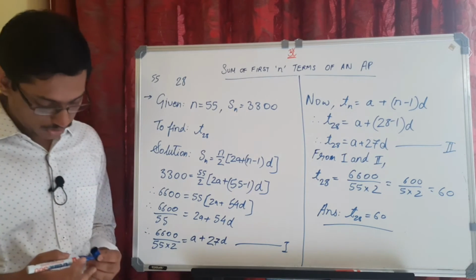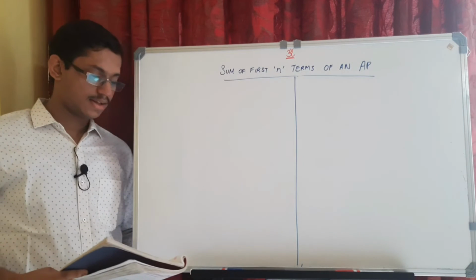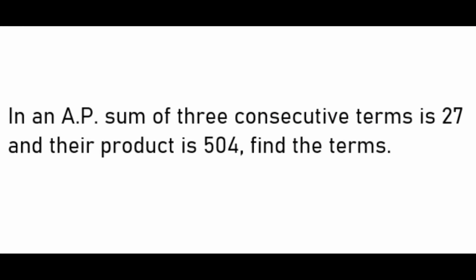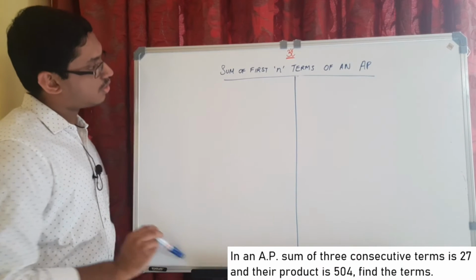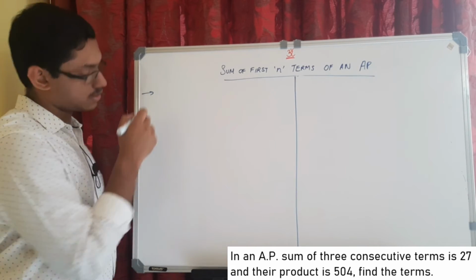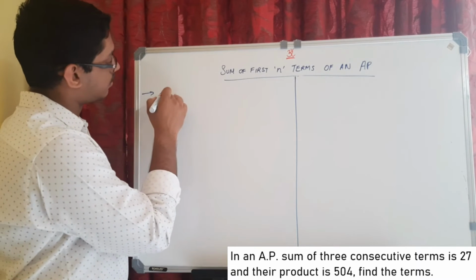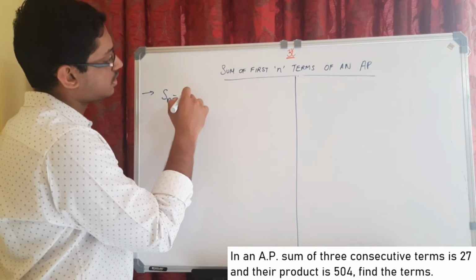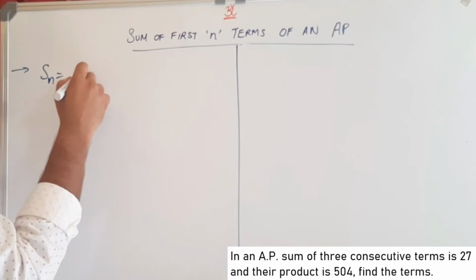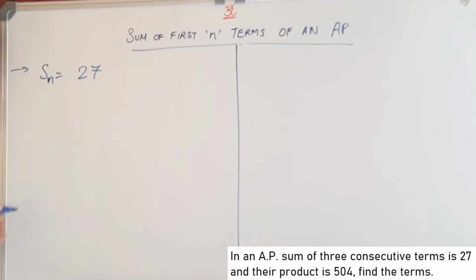Okay, now let's see another question. The question says, in an AP, the sum of 3 consecutive terms is 27 and their product is 504. Find the terms. So what is given is the sum of 3 consecutive terms, means Sn is 27.